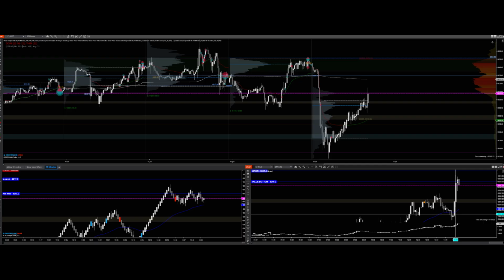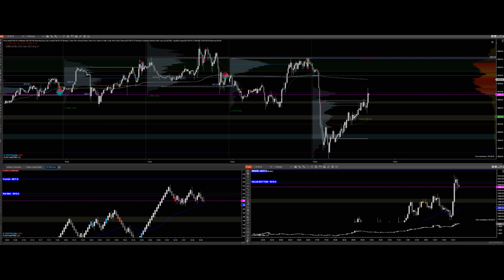For now, I still have absolutely nothing. Just watching that 6010 level like a hawk. Yeah, I'm waiting to see if it can pick a direction here. But yeah, we need to clear either the seller or buyer for this to go somewhere.